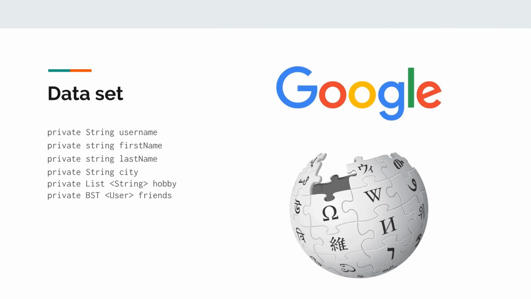Our data sets for each user contain a username, first name, last name, city, list of hobbies or interests, and a binary search tree of a user's friends. The password for each user is private and is contained in a separate class and text file.